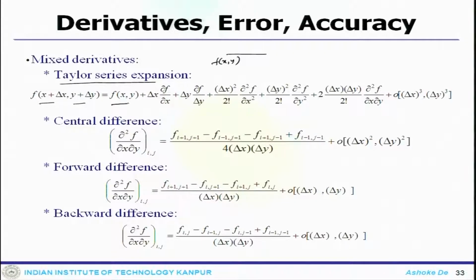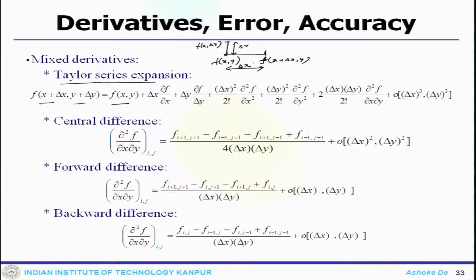Now I am going from x plus delta x, y, and I am going in this direction to y plus delta y. So, this distance is delta y, this distance is delta x.